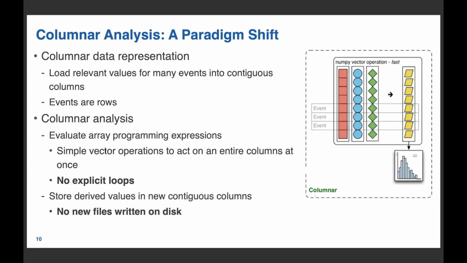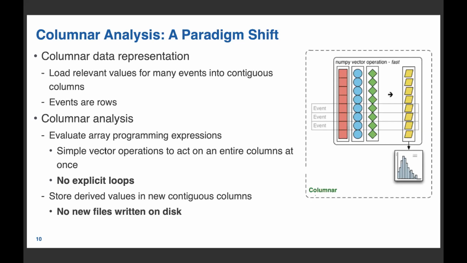So we go from a file-based ROOT data representation to representing high energy physics data in columnar fashion. In this case, we want to load values from many events into contiguous columns. So we are creating a big table that represents all the data that we need. And in this representation, rows are events.